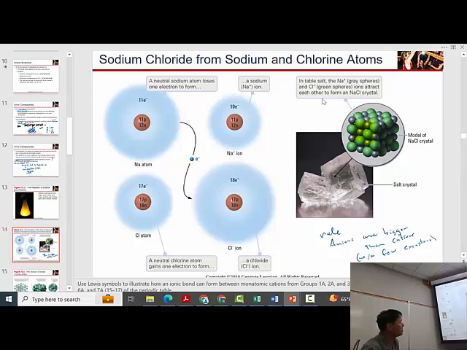So we could call this a formula unit, or this a formula unit, or that a formula unit. And so a formula unit is the smallest unit, and we don't call it a molecule in that sense, because a molecule would have one chlorine that belongs to it, and all the other chlorines do not, but in this case, they all belong to it.